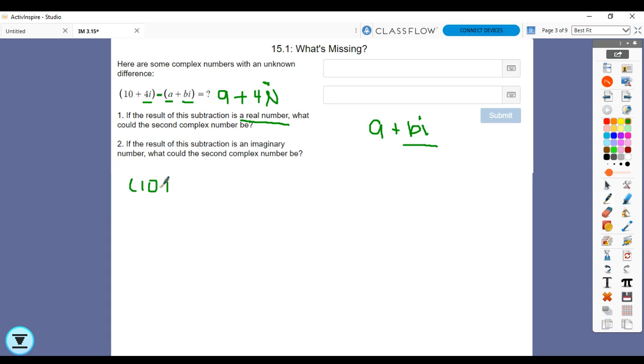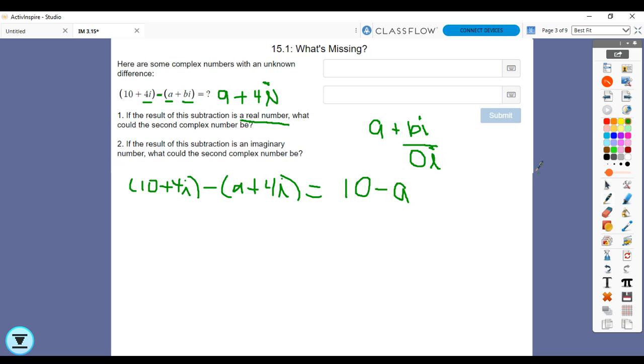So let's just look at how this works out. If I take 10 plus 4i minus a plus 4i, you're going to have 10 minus a, whatever a is, because it doesn't matter. That'll be real. But then you're going to have 4i minus 4i, which is 0i. That's what makes it a real number, because the b is 0.